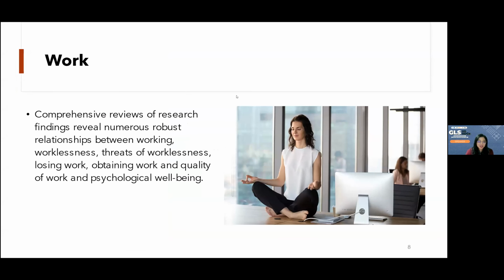When we talk about work, I think work is part of our situation as an adult. Yeah, since you are in your late adolescence and you enter your adulthood, work is an important thing.